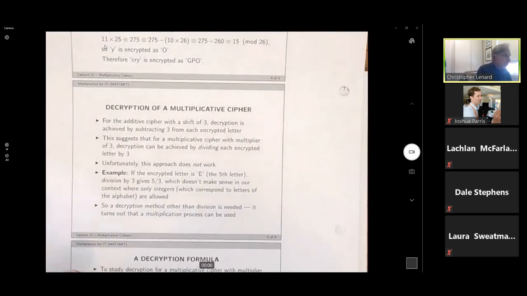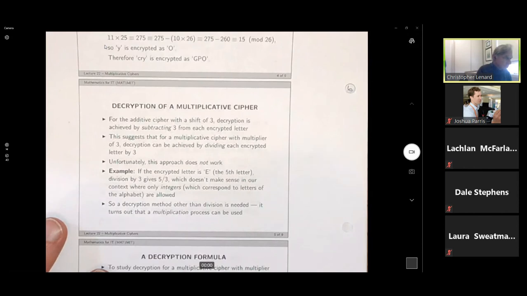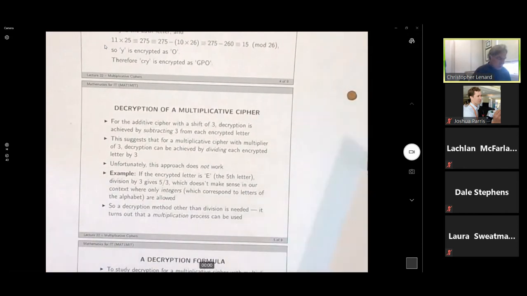So, decryption, that's the other half. It's no use sending a secret message if the other person can't decrypt it.